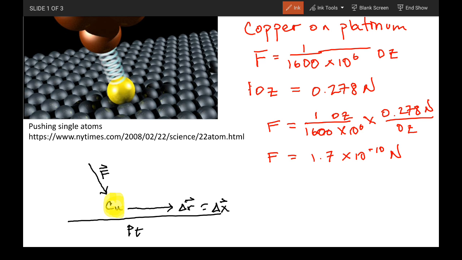And so what we would expect is that the force has components along X and Y, and the motion of the copper atom is going to be along X.